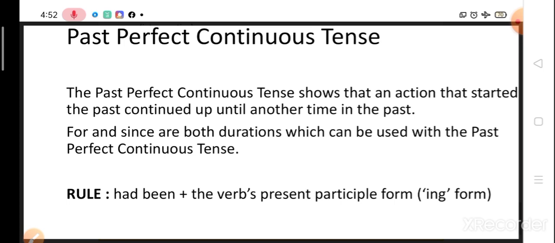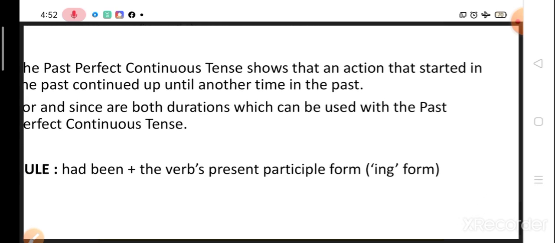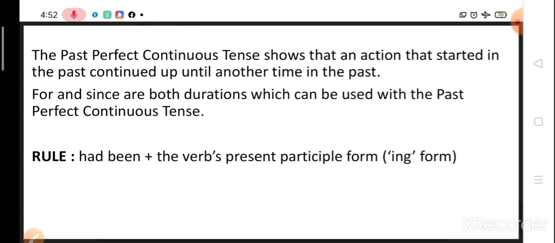I guess the last tense is past perfect continuous tense. The past perfect continuous tense shows that an action that started in the past continued up until another time in the past.